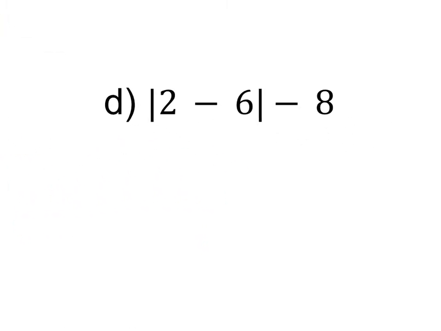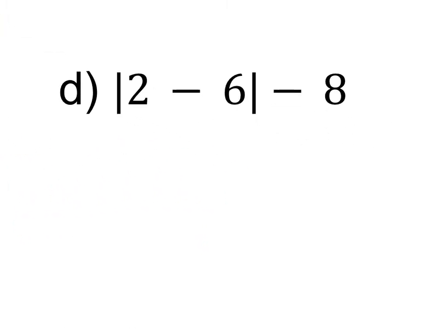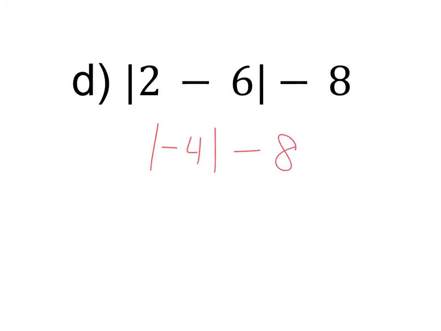This next one is 2 minus 6 inside the absolute value, so we need to do that first. That would be -4. I'm just going to drop down that -8. Now, since that -8 is on the outside, don't even worry about it yet. You have to get rid of the absolute value symbols first.